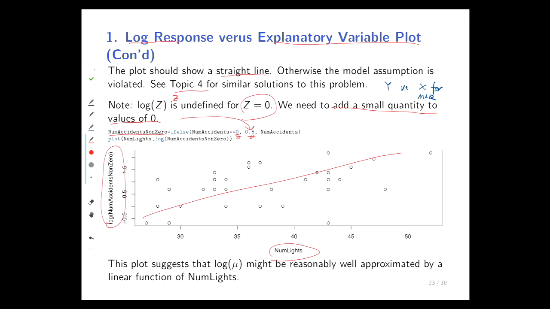But in this specific case, because we cannot find a very specific pattern, maybe we just continue and try to use other diagnostic tools to help us check all the other assumptions. So in this case, let's just basically ignore it, because we cannot find a very clear pattern. So here we may have this conclusion that it's okay to use this linear function.